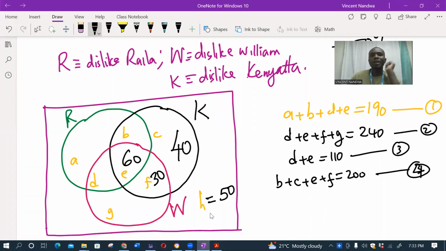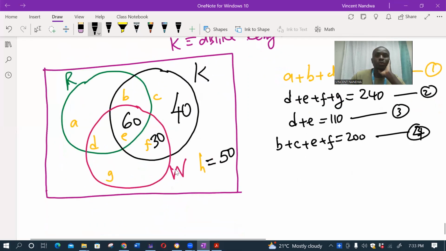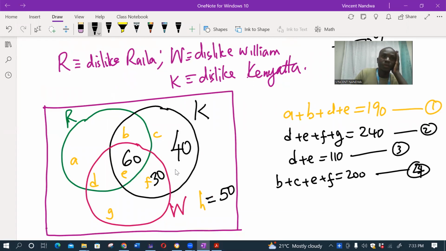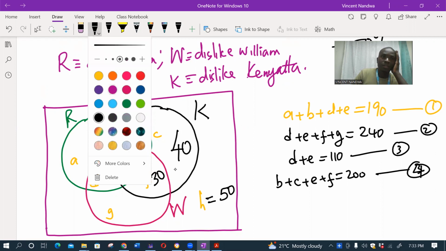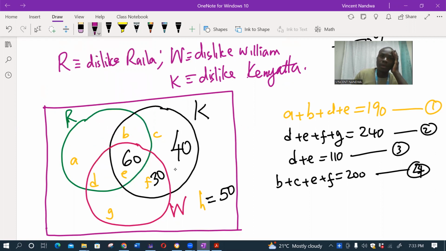So let's now fill the parts of the Venn diagram to be able to answer the questions. So we have that B plus C, which is 40, plus E, which is 60, plus F, which is 30, should be 200. So 40 plus 60 plus 30 is 130, from 200, 70. So B is 70.